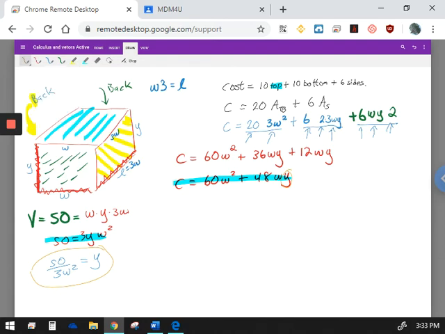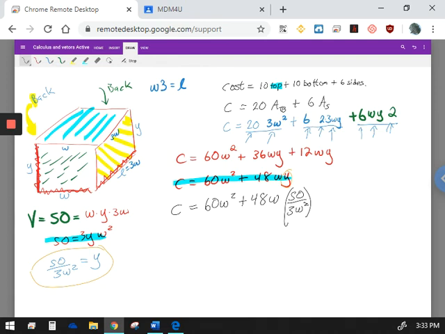All right, so cost equals 60w squared plus 48w times 50 over 3w squared. I got that right. Now it looks like we got a w that cancels. We got a 48 and a 3. A lot of stuff happening.